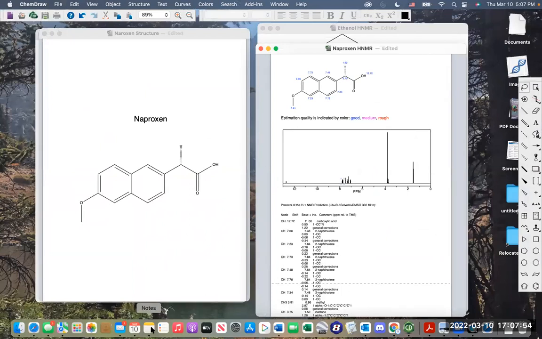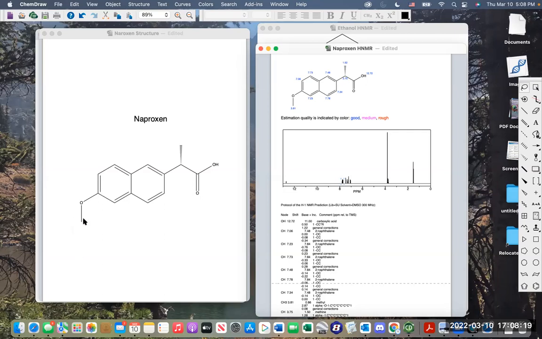is in the class of NSAIDs, which are non-steroidal anti-inflammatory drugs. So it's kind of similar to ibuprofen in that sense, but as we can see, it's much more complicated than ethanol. It has a benzene ring right here, so an aromatic compound. It has a second cyclic structure.